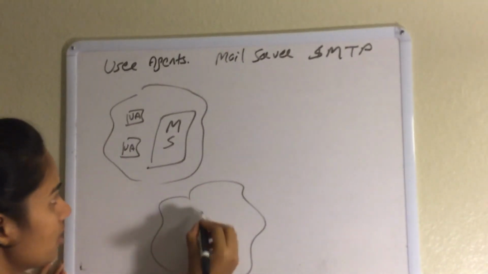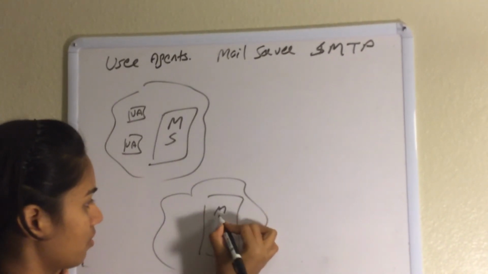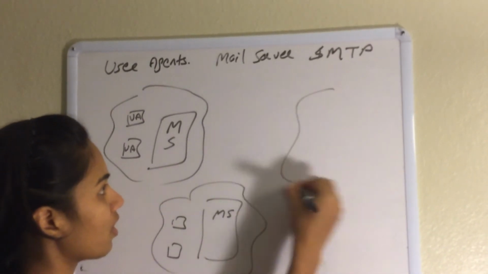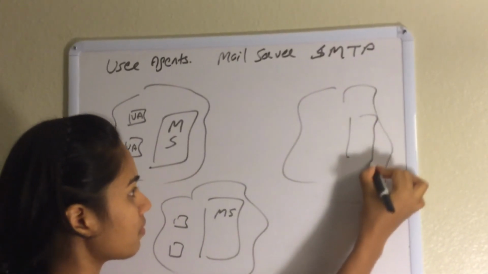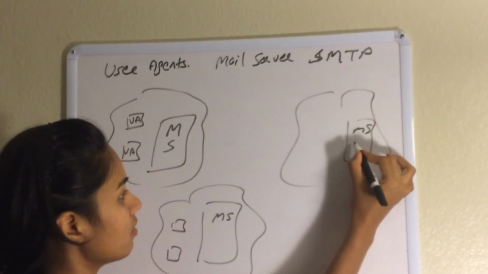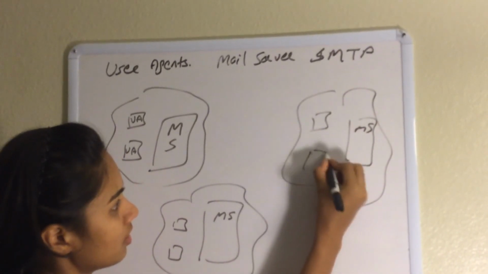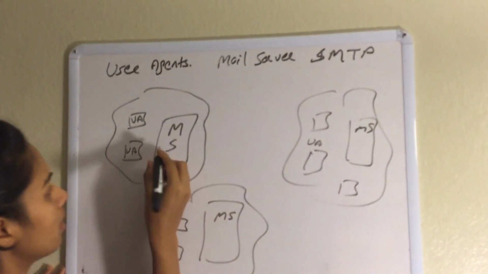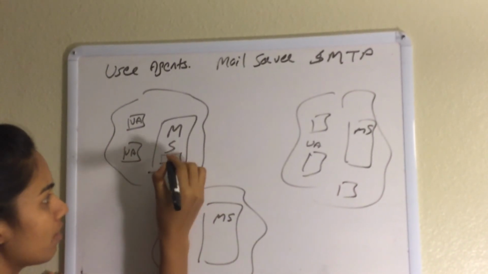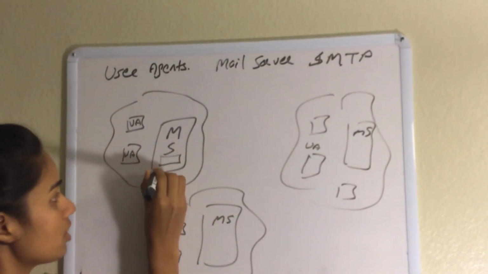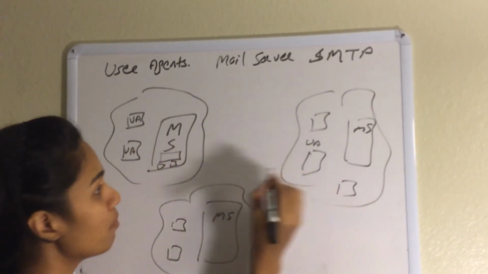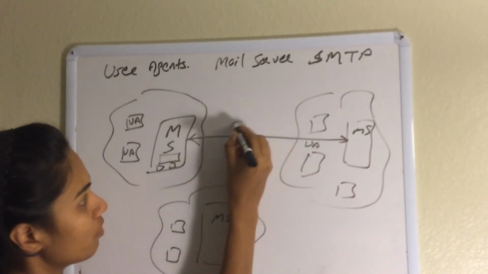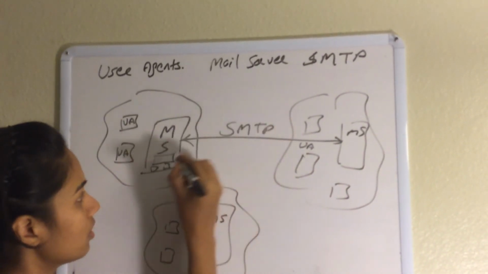We have many such mail servers and user agents. In a mail server we have a queue of messages and some mailboxes. These mail servers communicate over the SMTP protocol.